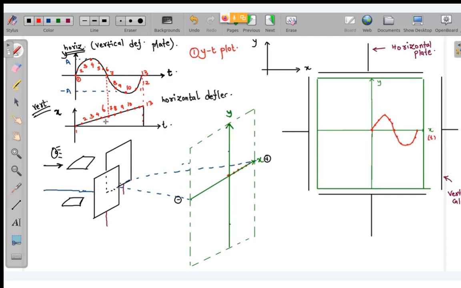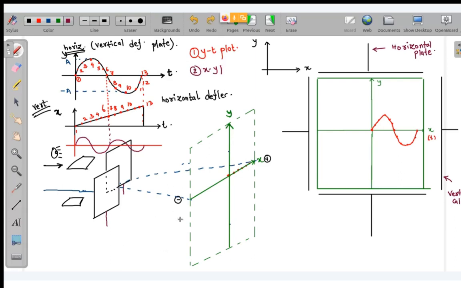But if instead of this signal, I had taken one more sine signal over here, something like this, now my diagram is very messy, then I would have got an XY plot. And with the help of this XY plot, we are going to see the Lissajous pattern.